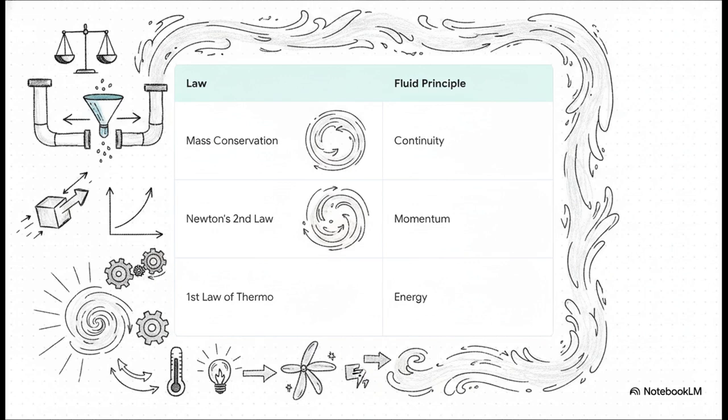In the fluid world, this becomes our momentum equations, which detail how pressure, viscous forces, and gravity push the fluid around. And third, energy is conserved, which is the first law of thermodynamics, giving us our energy equation. Every single complex CFD simulation you will ever run is, at its core, just a massive mathematical machine making sure these 3 rules are never, ever broken.